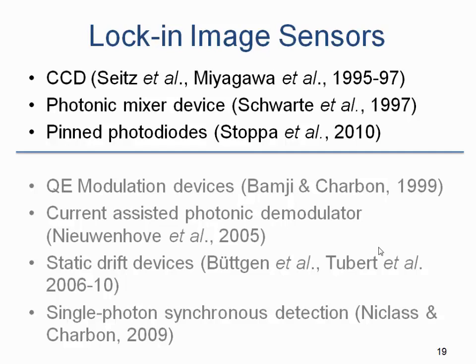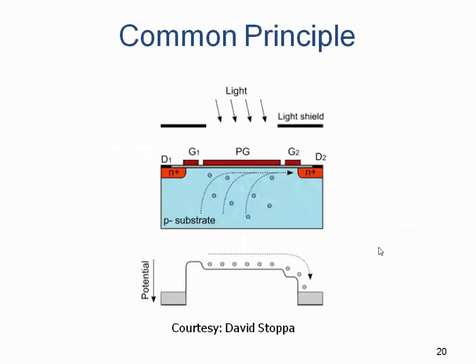Then came a photonic mixed device known as a PMD by Schwarte and others, and finally PIN photodiodes presented by David Stopp and others back in 2010. Of course, these are not the only three approaches. There are quite a few others, but in the interest of time, I will just focus on these three.